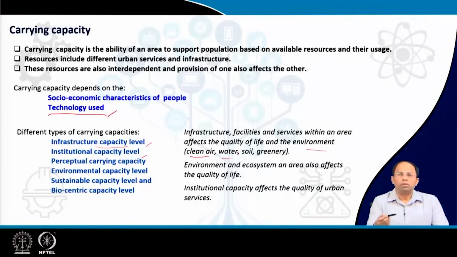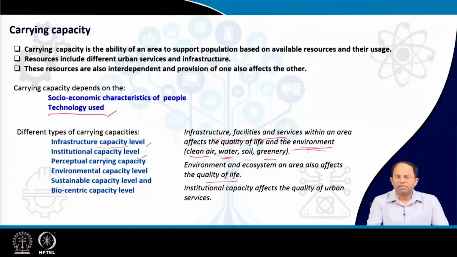If I do proper sewage treatment, proper sanitation and drainage, then the water quality of the water environment of that area would be good. Same goes for soil, greenery, and so on. So as you can see, provision of certain infrastructure affects other infrastructure, such as recreational facilities and parks. So environment and ecosystem of an area also affect the quality of life.